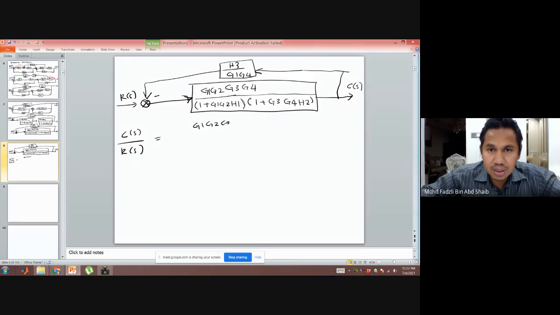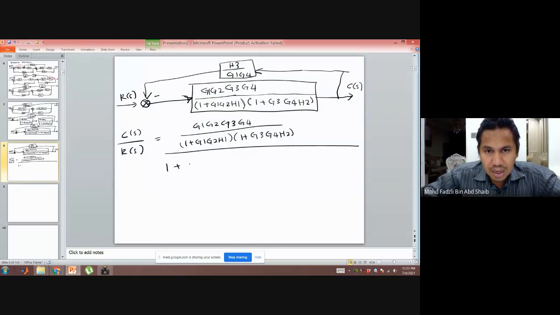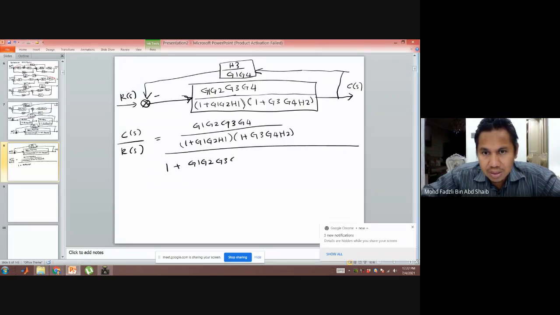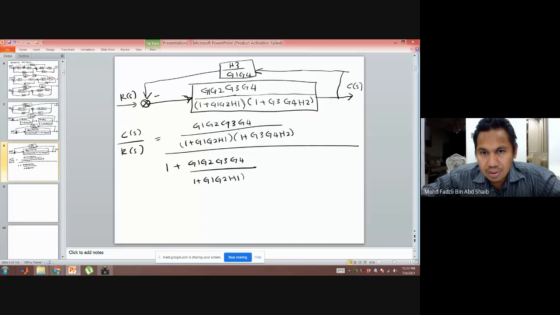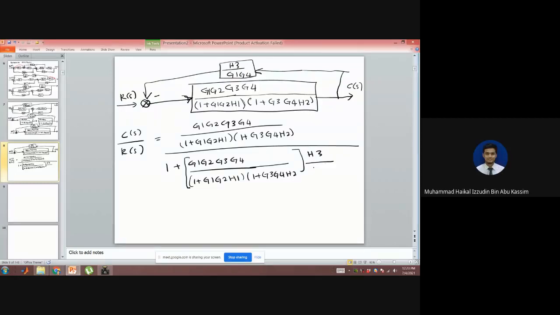G1, G2, G3, G4 over 1 plus G1, G2, H1, 1 plus G3, G4, H2, over 1 plus G1, G2, G3, G4 over 1 plus G1, G2, H1, 1 plus G3, G4, H2, times what? Times H3 over G1, G4.